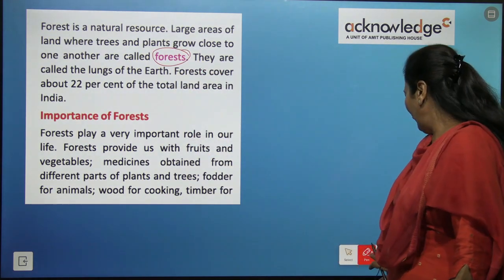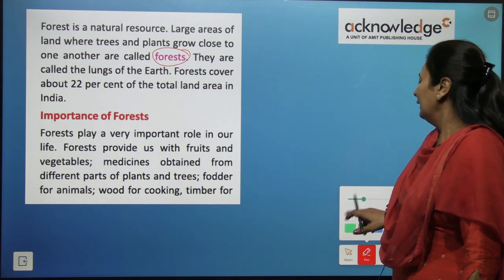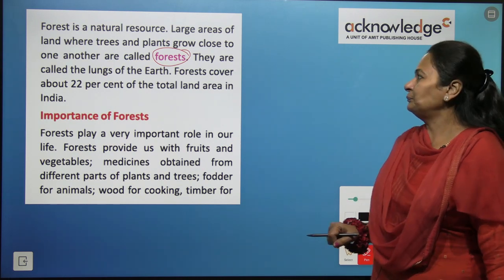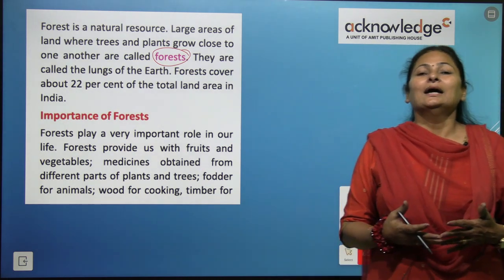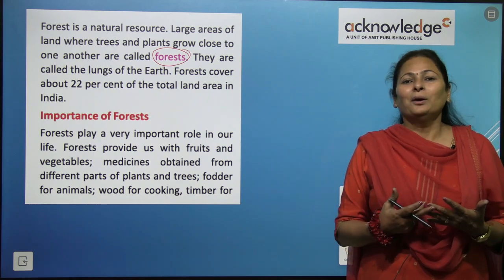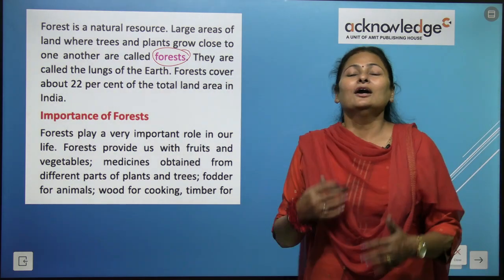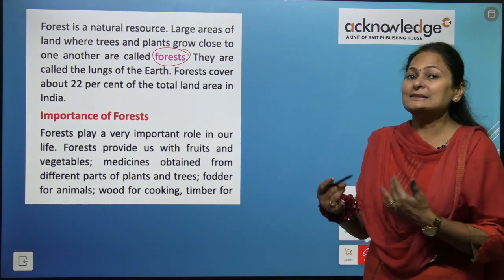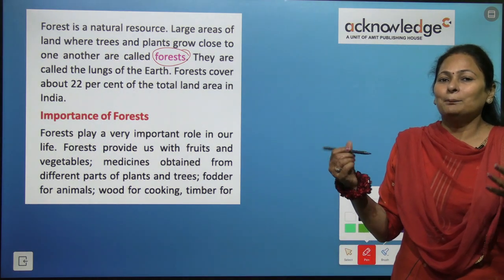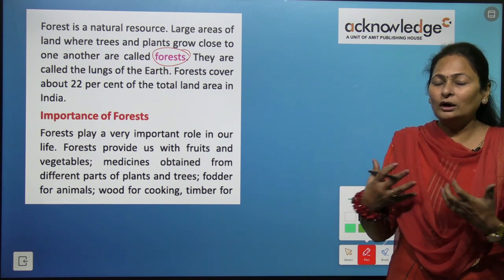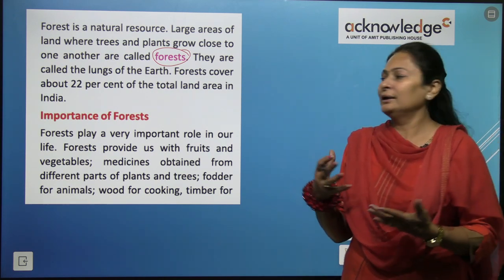Alright kids, have you understood what a forest is? It is the land area where plants and trees grow close to each other. Means jungle. इसमें plants और trees बहुत closely grow होते हैं, right?